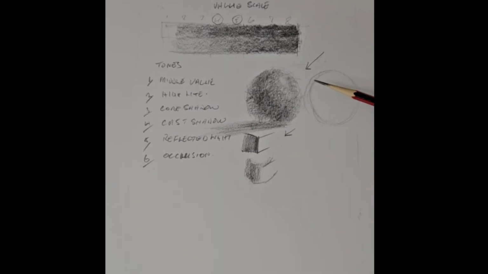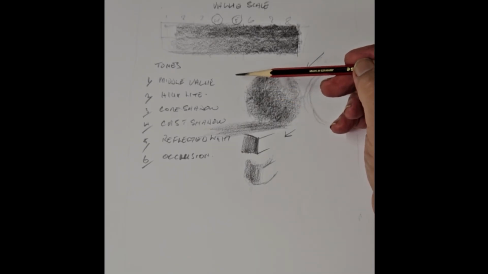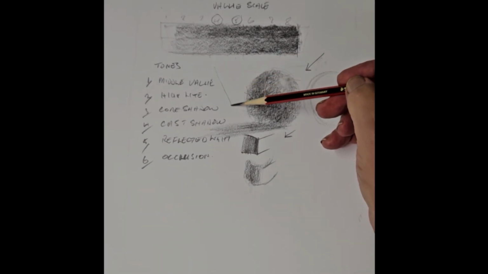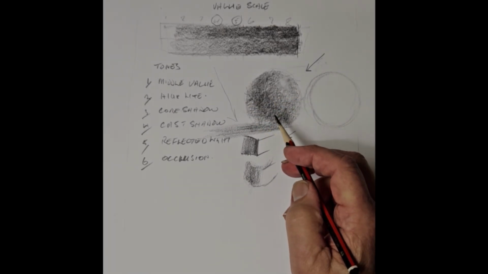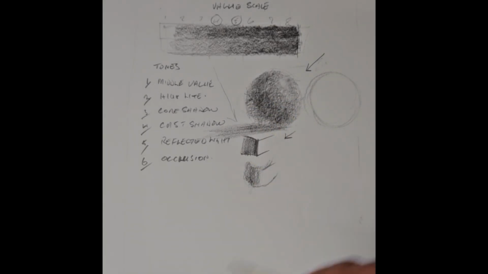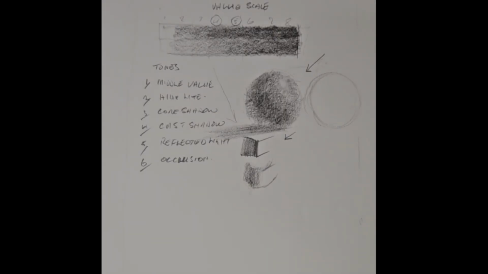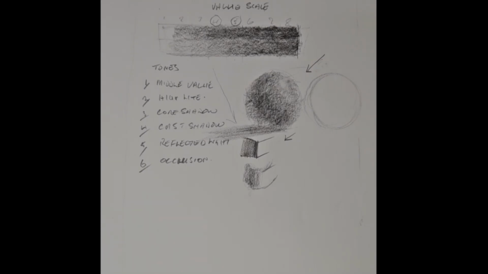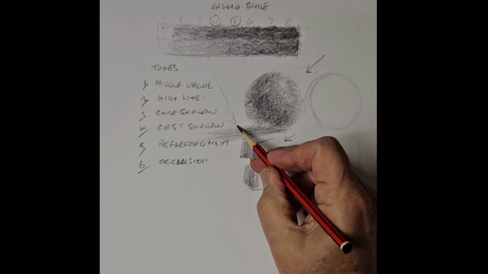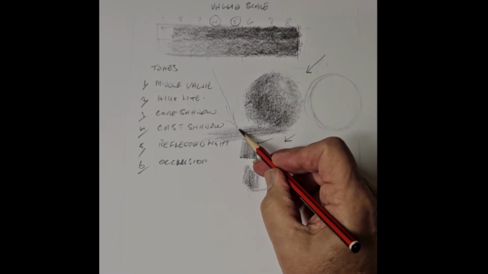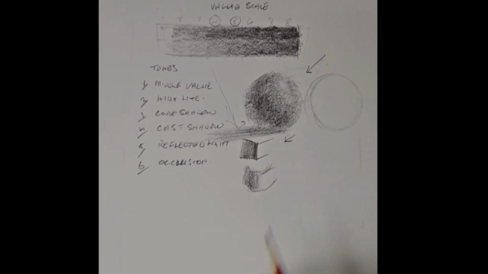Light generally isn't focused, it's an ambient light, and the ambient light causes what's called reflected light on the object, which is really an important aspect of doing portraiture, to look at reflected light under chins, under noses, any surface that the light can be bouncing up from to the features in the face. So the light may come down, hit the surface that the object is sitting on, and become reflected light.